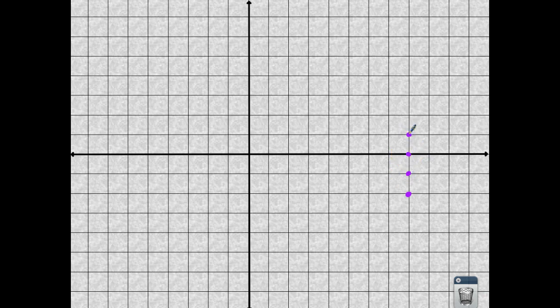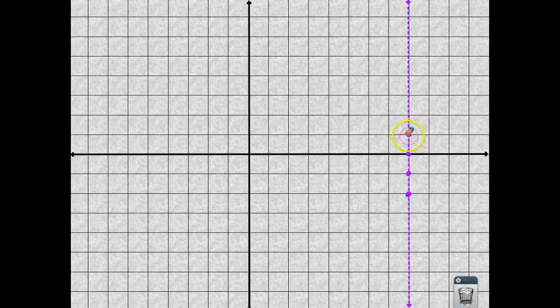So we have a vertical line that runs through the 8 on the x-axis. So I'm going to just take that dotted line. So we have our x is less than 8 line.